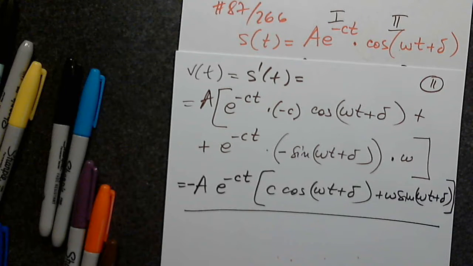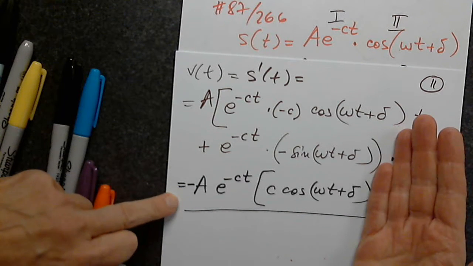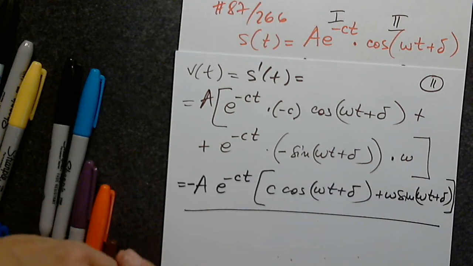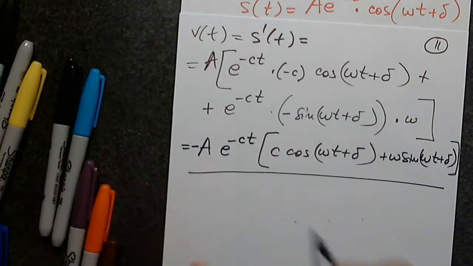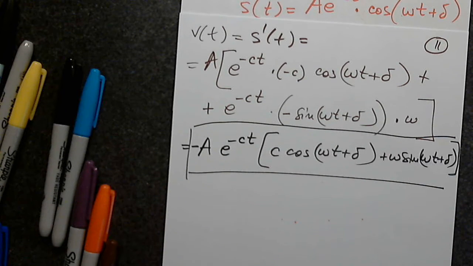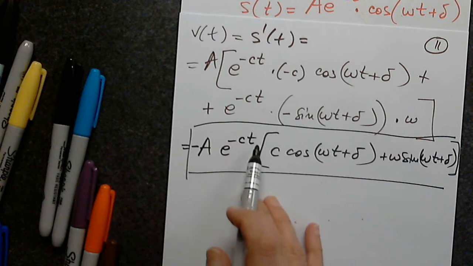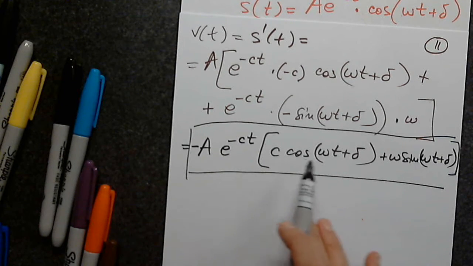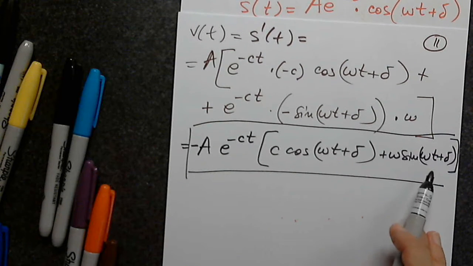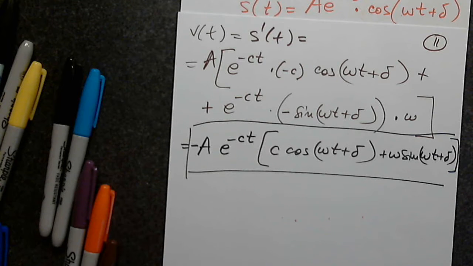It will actually be easier to differentiate this piece and then this one, instead of having the product. But this is the final form for the velocity. So it's negative a e to negative ct, and in parentheses c cosine omega t plus delta plus omega sine omega t plus delta. Agreed so far?